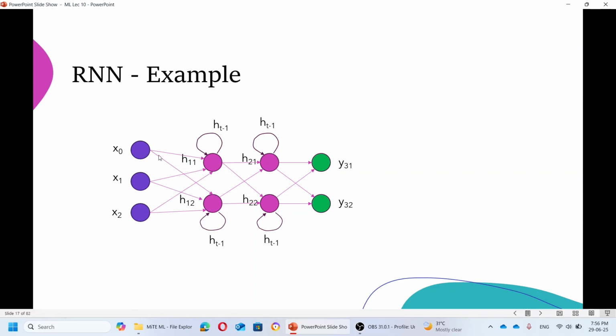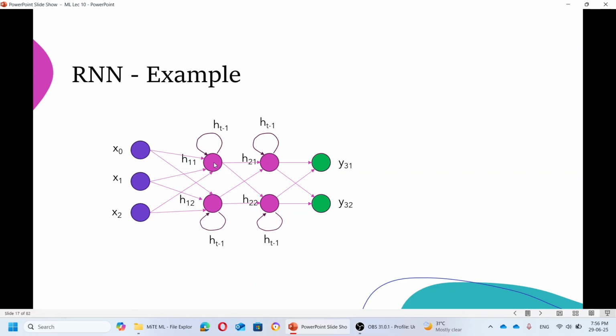Then we input that to this first neuron. This shows that this is the first layer. So h11 and h12, the second digits 1 and 2 show the number of neurons. So h11 means first layer first neuron, and this means first layer second neuron. This means second layer first neuron, and h22 means second layer second neuron.